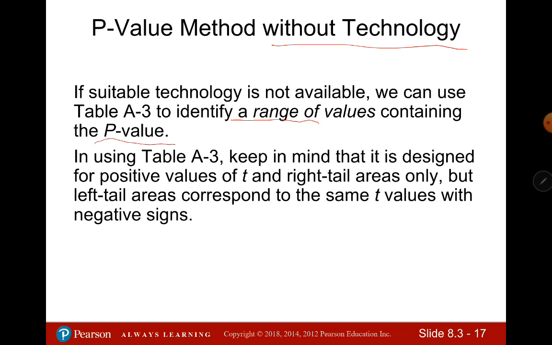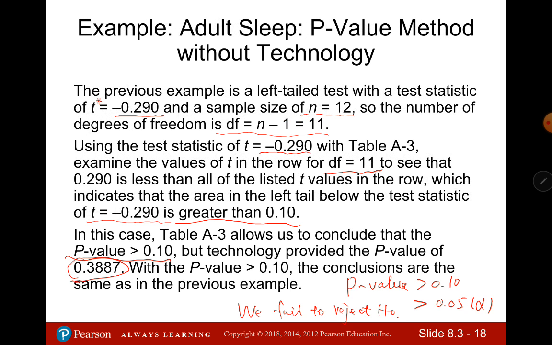Okay, so let's see why we could not find the exact value of the p. So when we talk about this case, we have t is equal to negative 0.29 as our test statistic t. So we're going to use this one to check the t-table, right? If you check the t-table, you realize we only list the positive t-value and not all of the values.